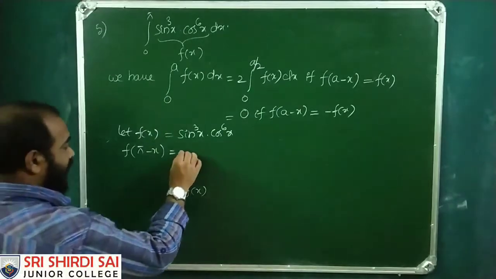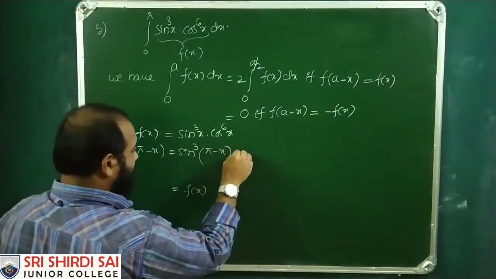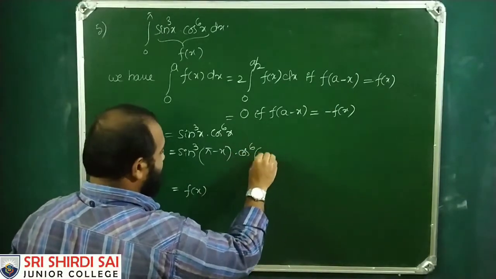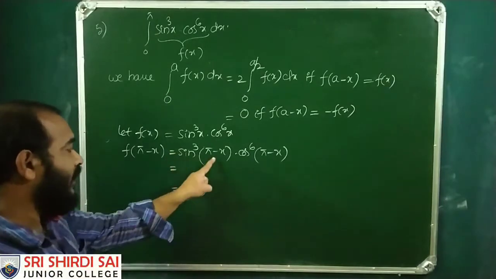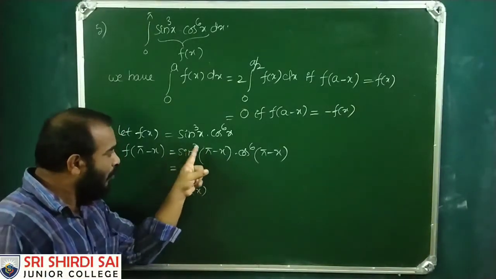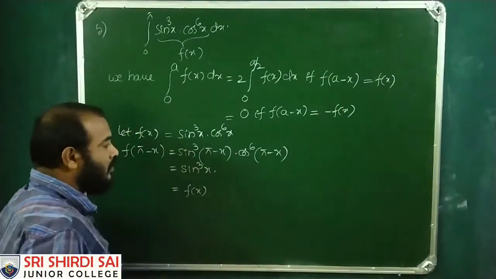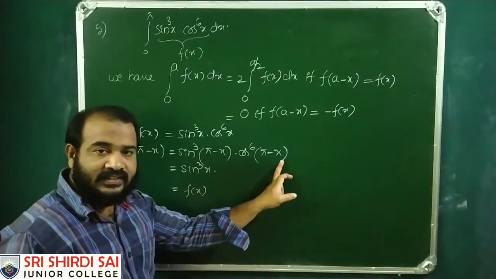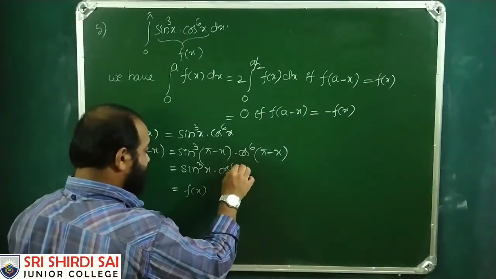So sine cube pi minus x into cos power 6 pi minus x. This is equal to sine 180 minus x is sine x, whole cube is sine cube x, into cos 180 minus x is minus cos x whole power 6. So that is cos power 6x dx.